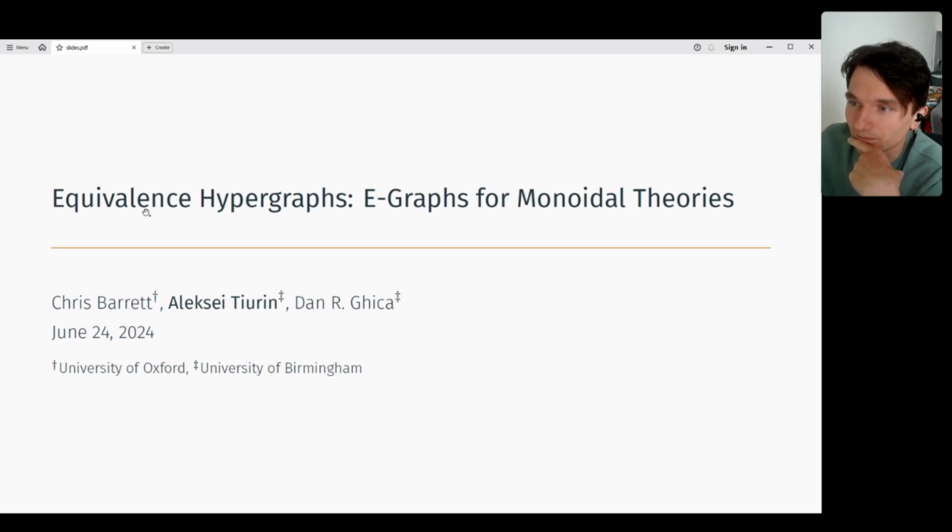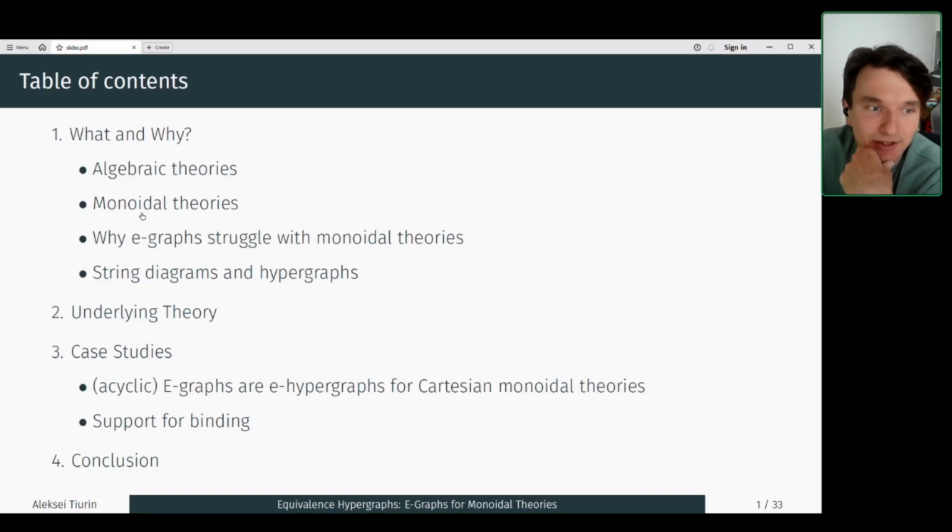First, I recall that e-graphs are primarily used for so-called algebraic theories, and I will explain what these are. Then I will explain what monoidal theories are and why anyone would be interested in monoidal theories, and hence why anyone would need e-graphs for monoidal theories. Then I will sketch what troubles e-graphs face when someone tries to apply them to monoidal theories, and show how string diagrams can rectify this.